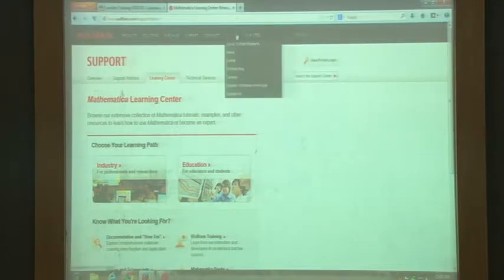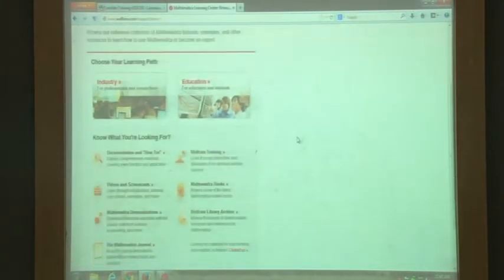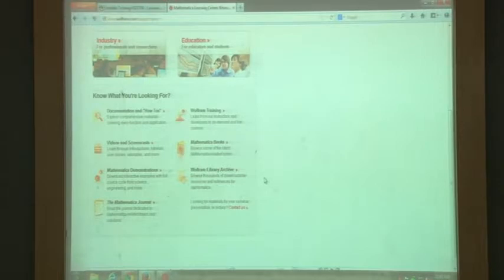From here you can choose your learning path. You can get redirected to the Wolfram Library Archive, the one we came from. You can be redirected to Mathematica books, to Wolfram training, to Mathematica journals, videos. This is a very good place.